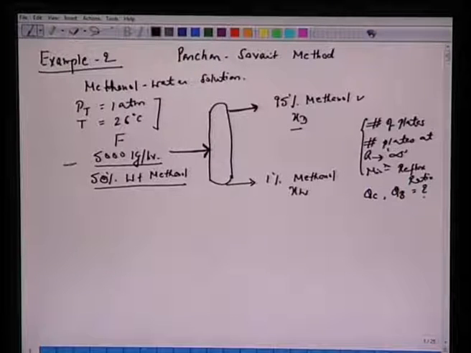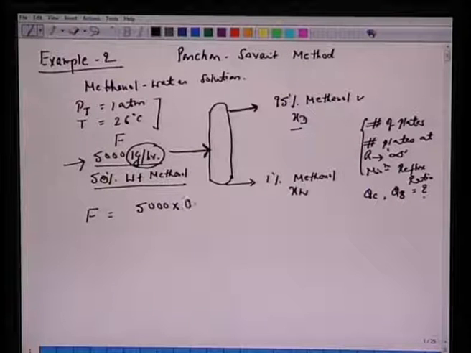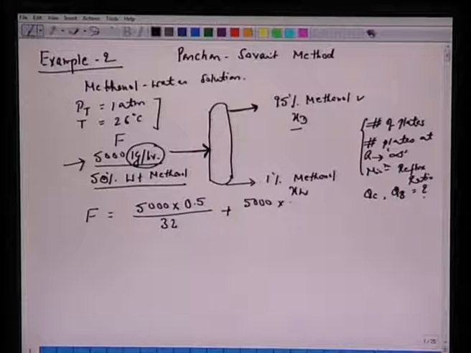The first thing we must realize is that this is 5000 kg per hour. It's given as a weight flow rate, a mass flow rate. We must convert it into a molar flow rate. So F will now be 5000 times 0.5 divided by the molecular weight of methanol, 32, plus 5000 multiplied by 0.5 divided by 18, the molecular weight of water.